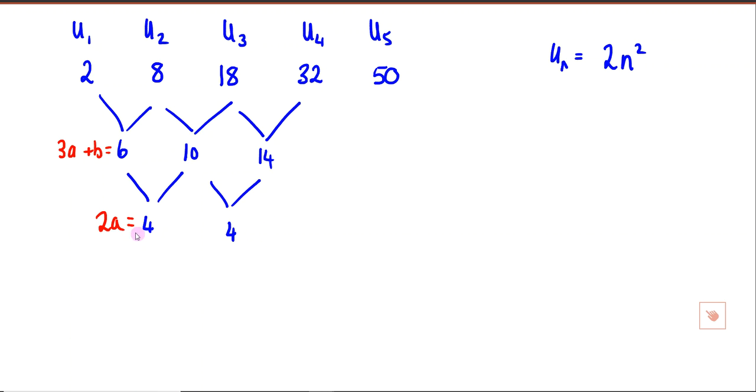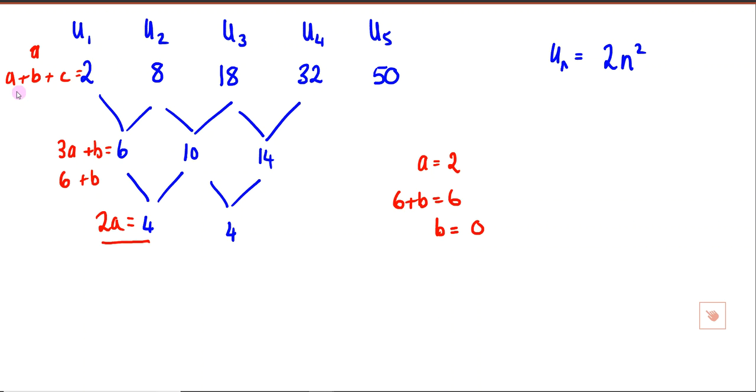I can solve that. If 2a is 4, I know that a must equal 2. I know that if 3a plus b equals 6, I can substitute that in and say that 6 plus b equals 6, which means b must be 0. What did I know about the first term too? That was a plus b plus c equals 2.